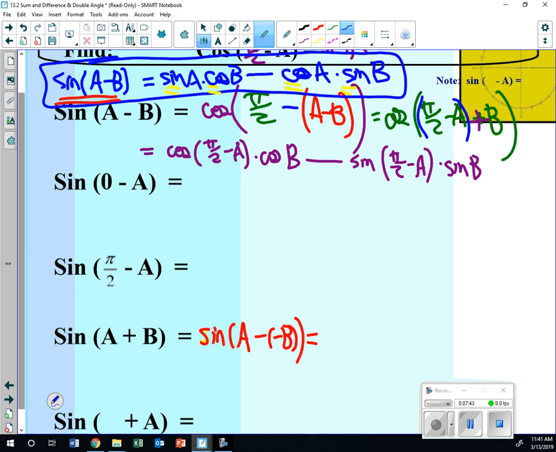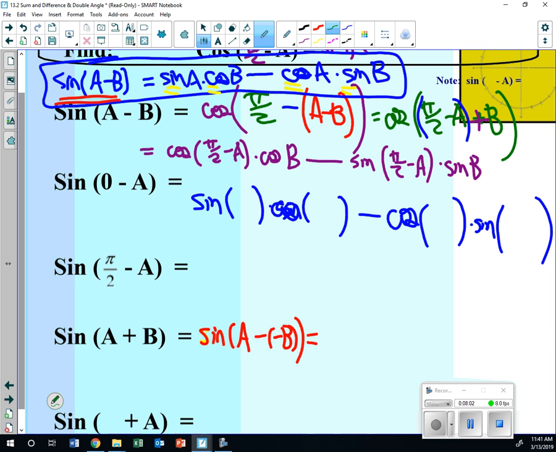The sine of 0 times the cosine of a, and then it will be minus the cosine of 0 times the sine of a. So the first thing you put in is going to be the 0. Those go here. The second thing you put in is going to be the a.